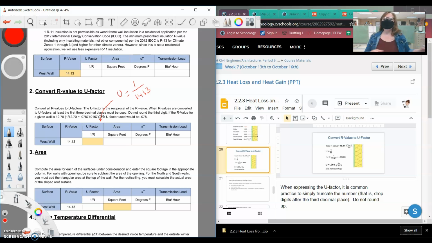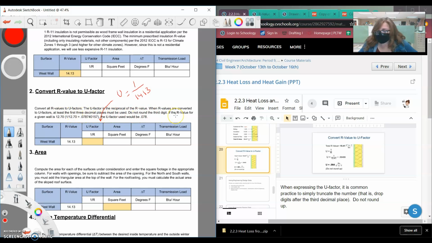So if I take my calculator and I take 1 divided by 14.13, that gives me an answer of 0.0707714 and going on. But if we read, it says, when R values are converted to U factor, at least the first 3 decimals must be used.